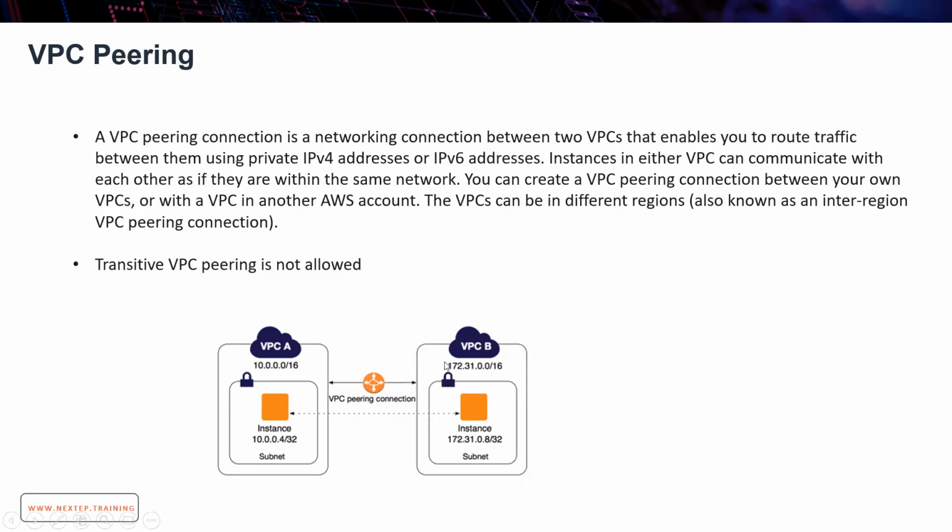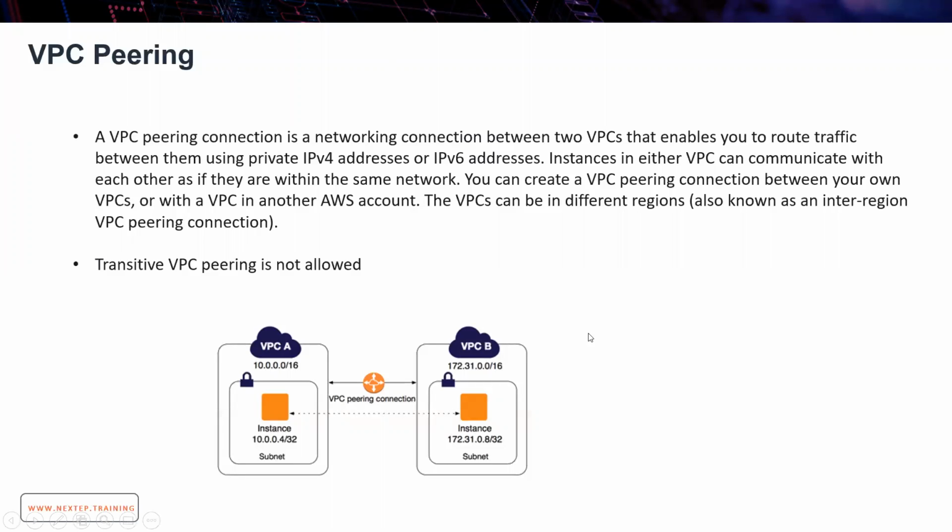I'm able to see these private IP addresses, and these instances will be able to see these private addresses, as if they're in the same VPC. Of course, all of your route tables, network ACLs, security groups, everything will come into picture, but they'll be able to see each other as if they are in the same VPC. That's the beauty of it.